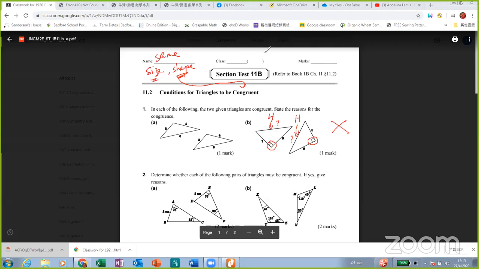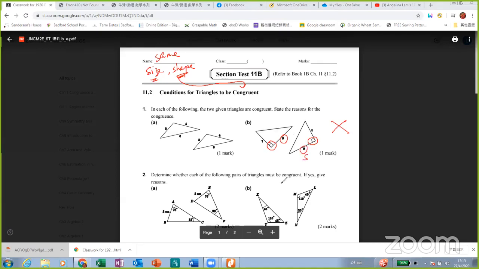Therefore, in this case, it is not RHS. Therefore, I know the length of a pair of sides.